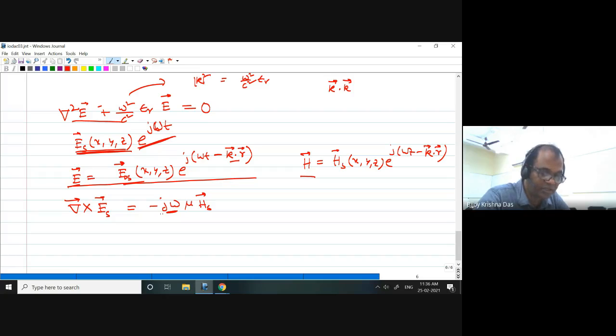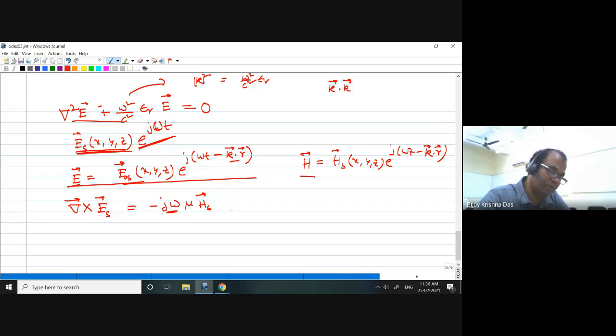That operator is j omega, because once you do the time derivative, j omega will come. The minus sign is always there. Some books write Maxwell's equations in this form, and it is called the frequency domain Maxwell's equation, just because only one frequency is involved. If you change the frequency, everything will change accordingly. Frequency is considered a constant here.